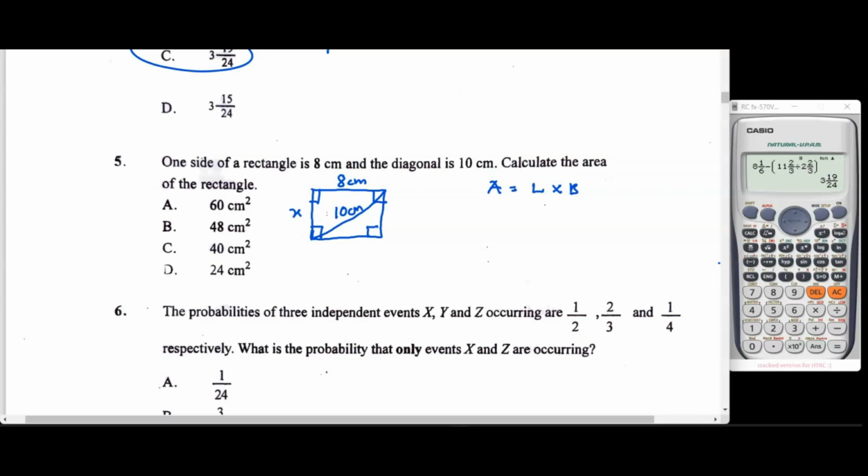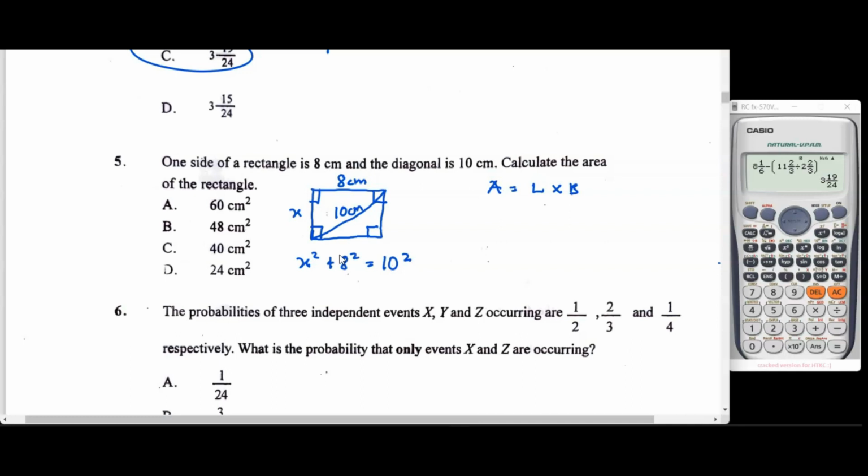So that is going to give us x squared plus 8 squared should be equal to 10 squared. From Pythagoras theorem, you know that the sum of the squares of the two legs or the two sides should be equal to the square of the hypotenuse. The hypotenuse is actually the 10.